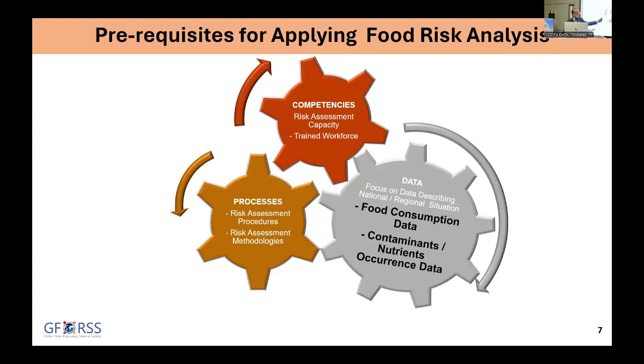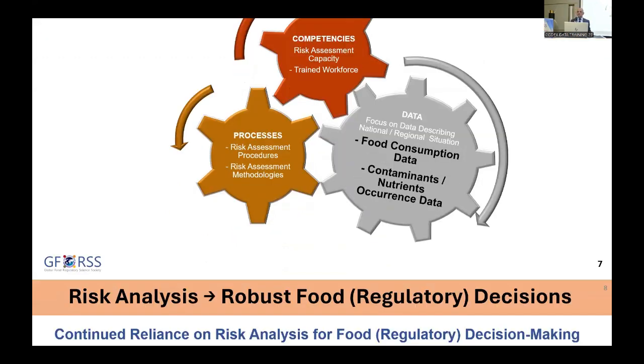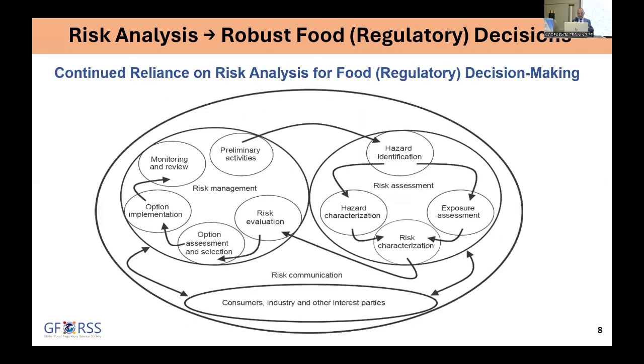In the part of data, we need the food consumption data, what we are consuming, and the level of all types of substances that are present in the food. So what we are going to do now is to focus more on the first part, the food consumption data, and how we can access it.